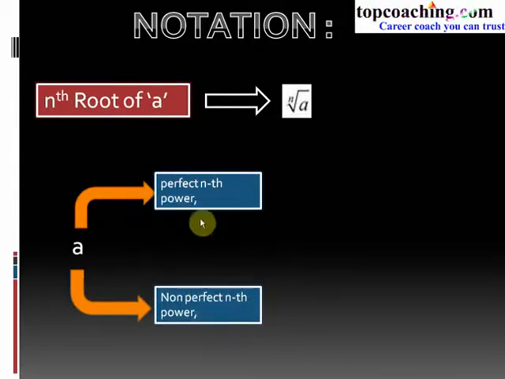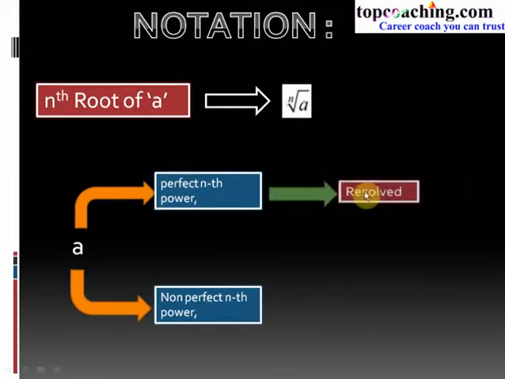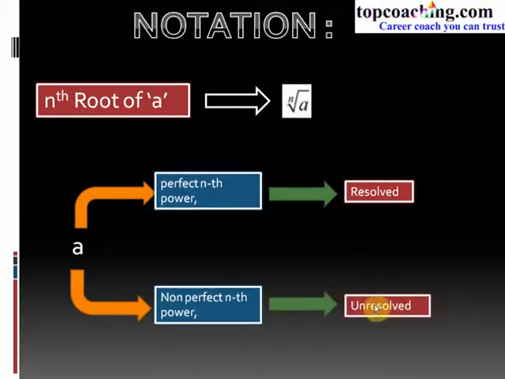When a is a perfect nth power, and we express a in terms of its prime factors, then the indices of these prime factors are multiples of n. Then the nth root of a is fully resolved, and we get a rational number. But when a is a non-perfect nth power, then it is not resolved.